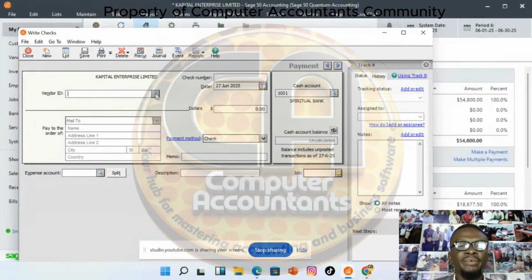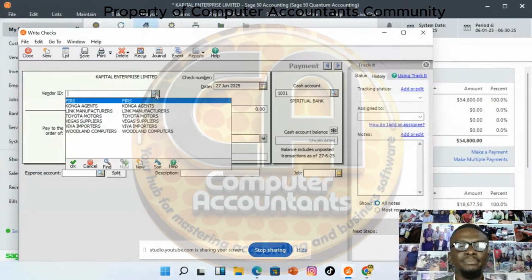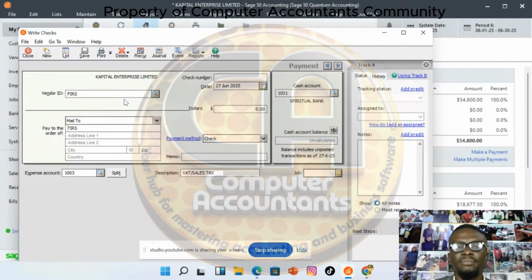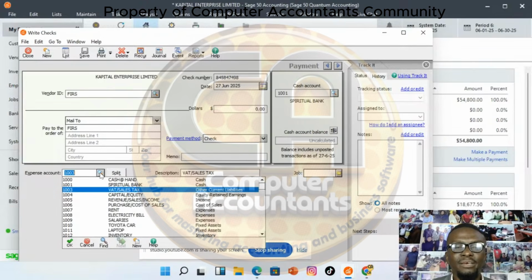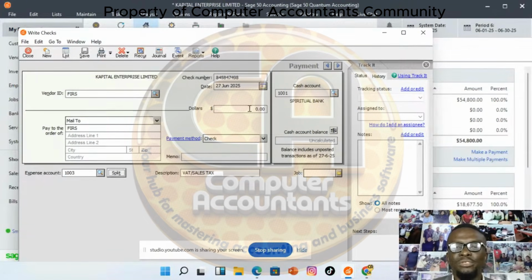Then come down to your vendor ID database, select the tax authority. Then you are remitting it by check or through the bank. Then you can see it's already linked. Then you type in the amount, 9952.5.